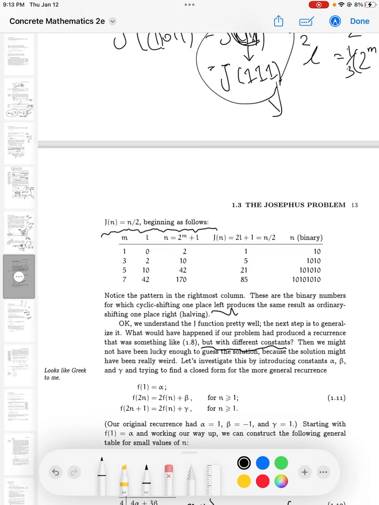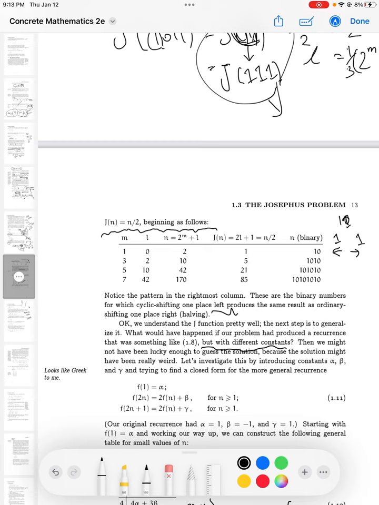I hope you understand what I was just saying: when n is represented in binary and then shifted to the right or left, it turns out to be the same. For example, 1 0 shifted cyclically to the right is 1, and cyclically to the right again is 1 again.